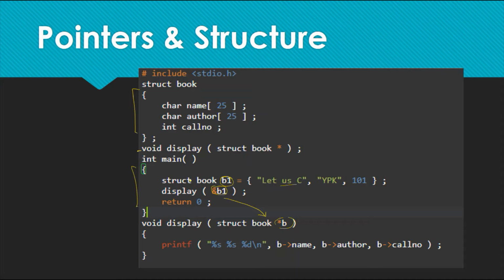Then we call the display function, and unlike the previous code that I presented, the display actually passes the memory address. So this is a pass by reference method. The memory address is passed to the function, and the receiving function will receive it using a pointer.